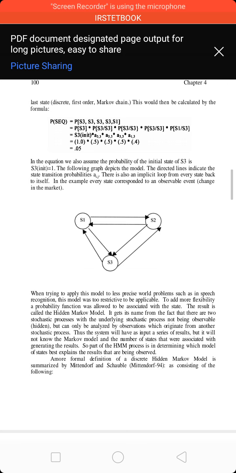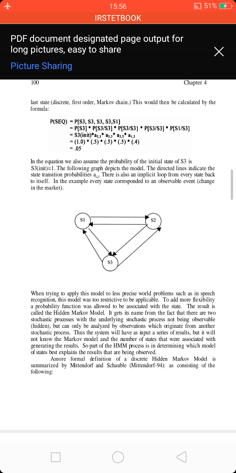Now, trying to apply this model to real world problems such as speech recognition, this model was too restrictive to be applicable. To add more flexibility, a probability function was allowed to be associated with the state.